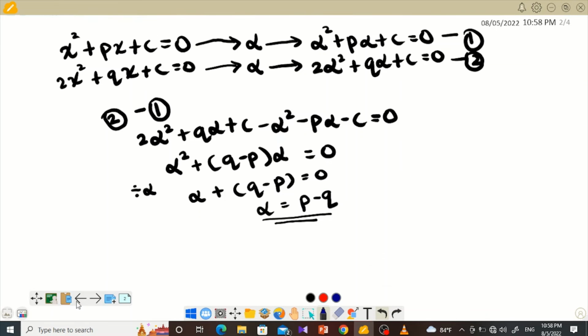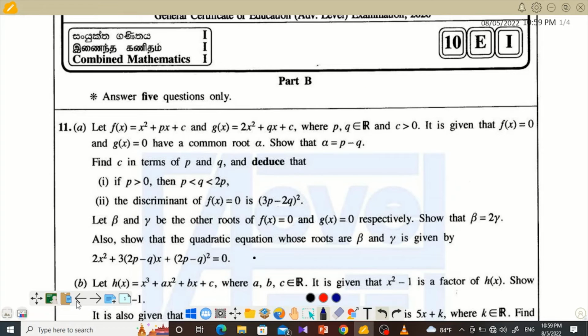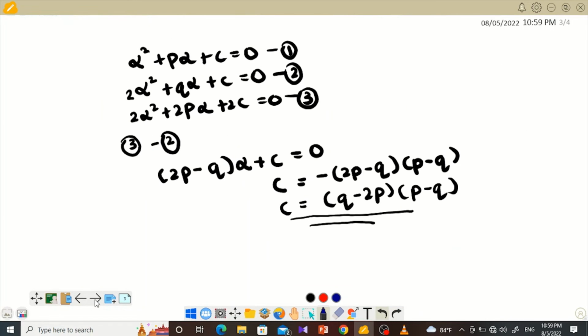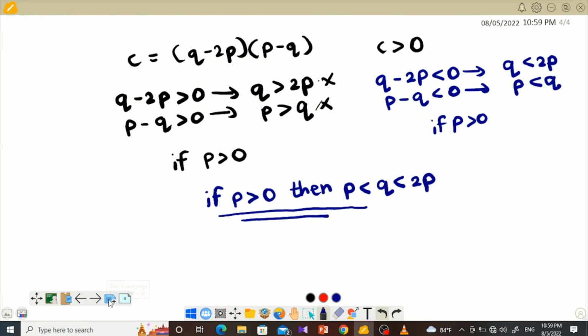Now we go into the next part. Then we have to show the discriminant of f(x) is (3p minus 2q) squared. Okay, we have to find the discriminant of f(x) equals 0. Given that f(x) equals 0 is x squared plus px plus c equals 0. I know that the discriminant is b squared minus 4ac in standard form.